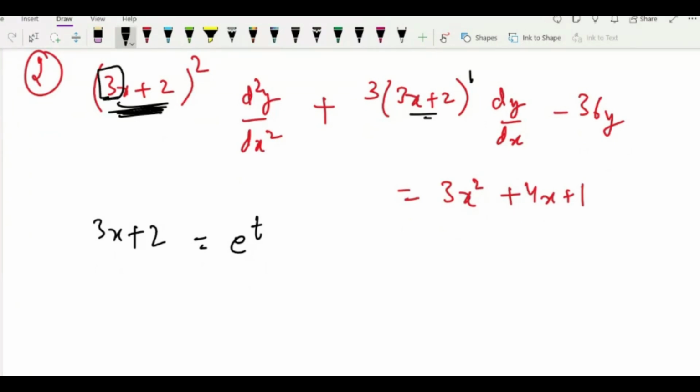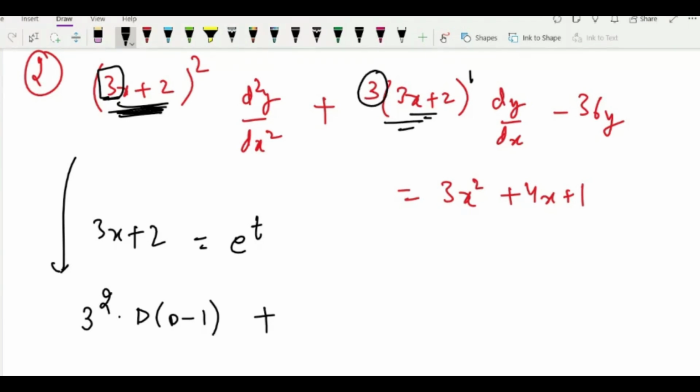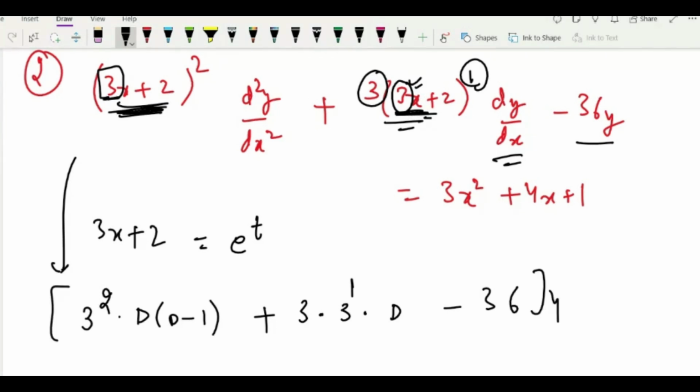So this equation becomes, after this substitution, 3 square D(D minus 1) plus 3 raised to power 1 D minus 36, and take y common, is equal to, from here we are to find the value of x first.